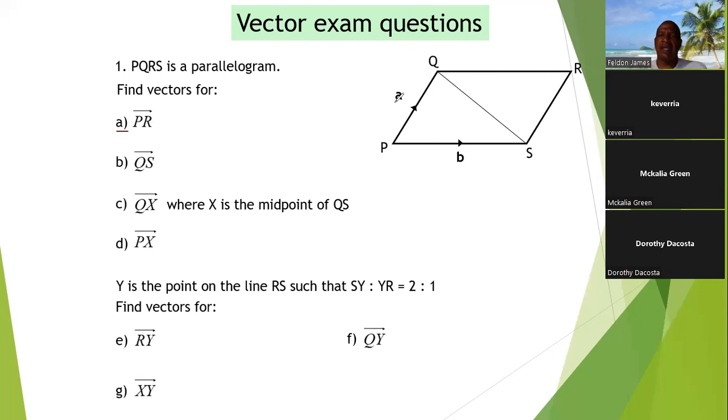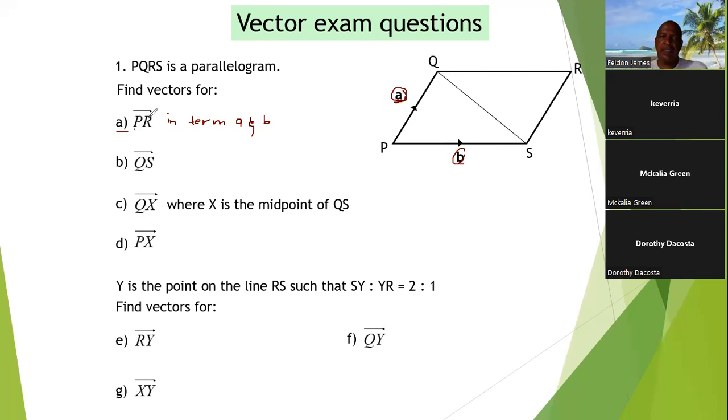They give you this letter A, and they give you this letter B. So find PR means to find PR in terms of A and B. Meaning that when you find PR, you have to represent it in relation to this A and to this B.